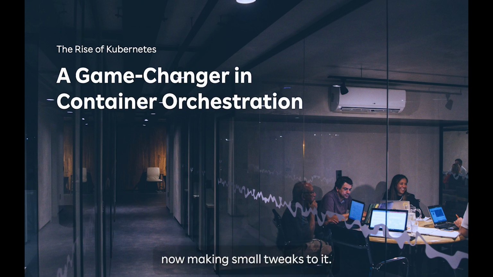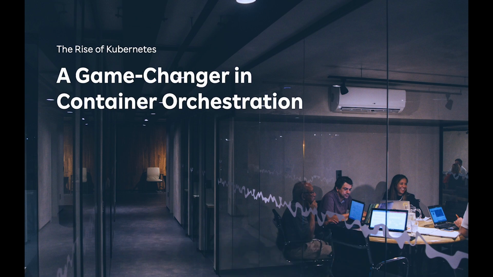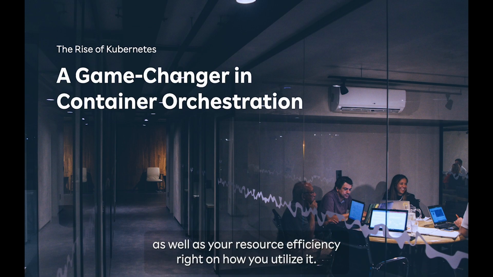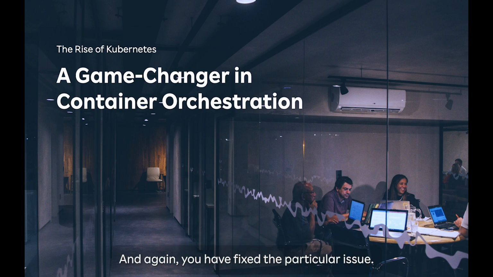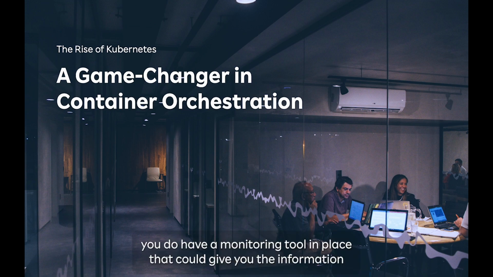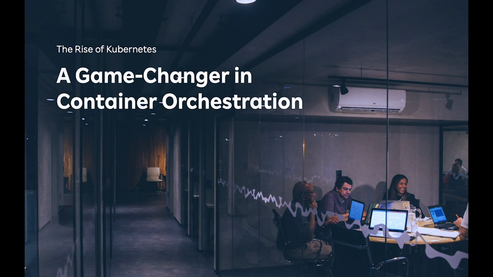Making small tweaks to it, once you get this information through the monitoring tool, and reconfiguring it, will maximize both the cluster performance as well as your resource efficiency, on how you utilize it. And again, you fixed a particular issue and this doesn't occur again. Or say if it does occur again, you do have a monitoring tool in place that could give you the information related to that and alert you so that you can take action again.